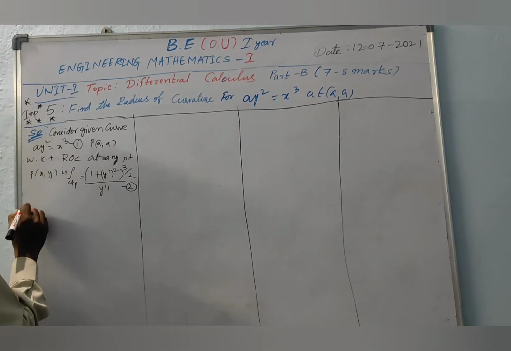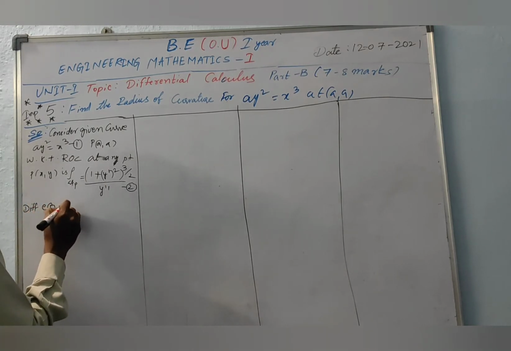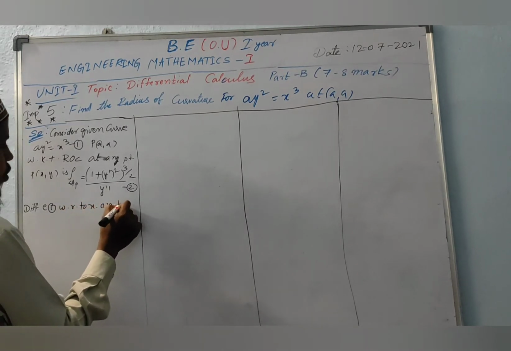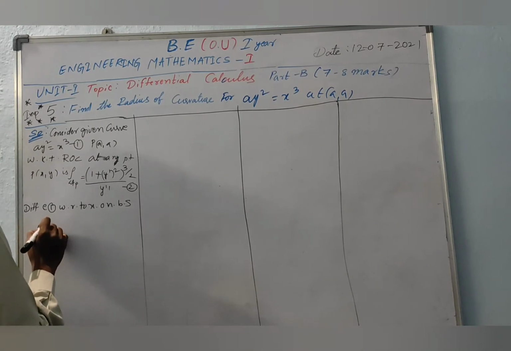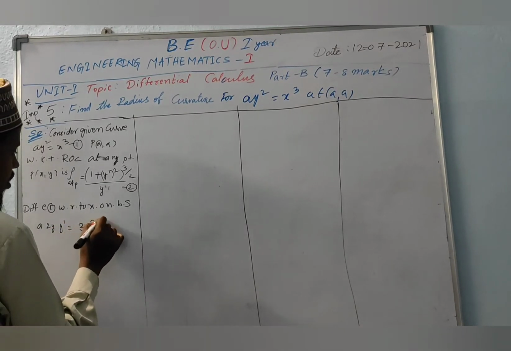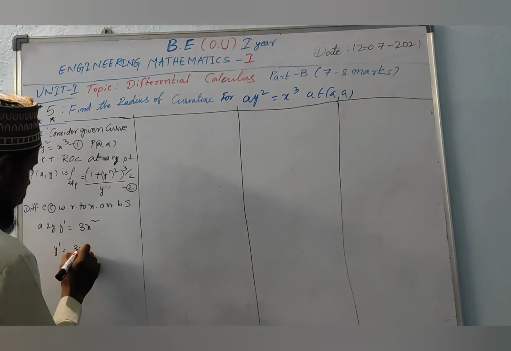Now, differentiate equation 1 with respect to x on both sides. a into y square means 2y y dash, that is equal to 3x square. Now, y dash is equal to 3x square by 2ay.